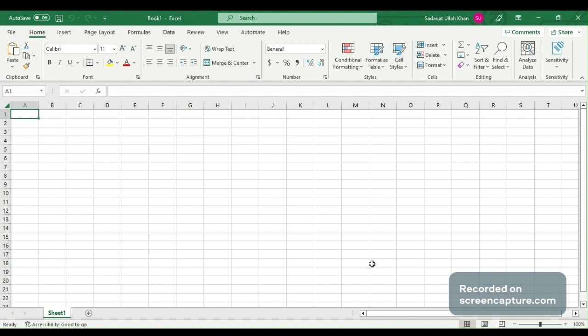In this example, we will calculate the NPV over a 10-year period. This is a 10-year period.